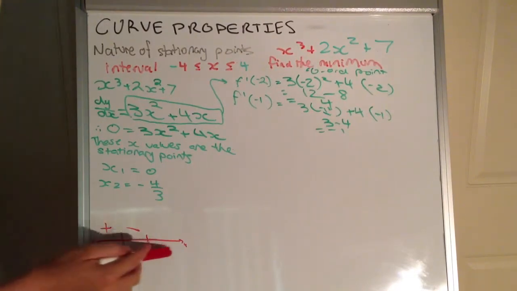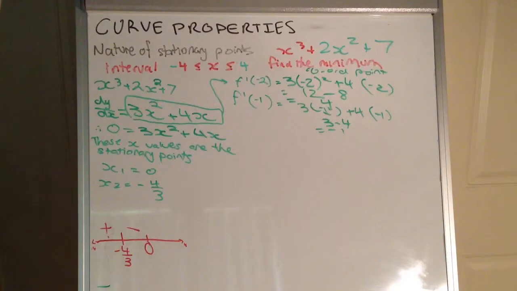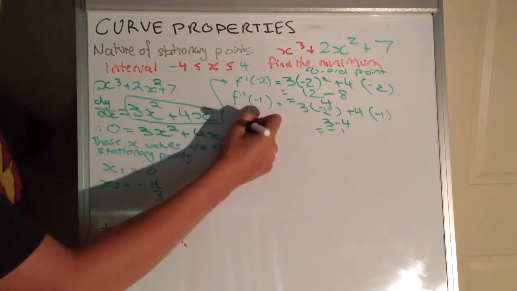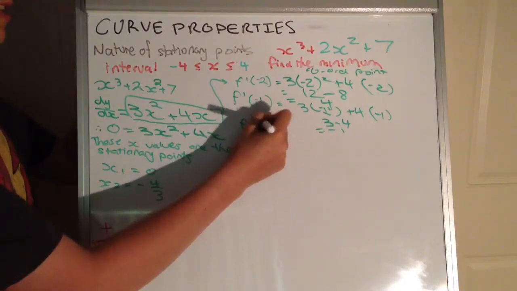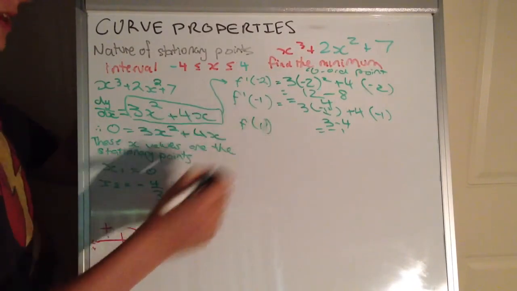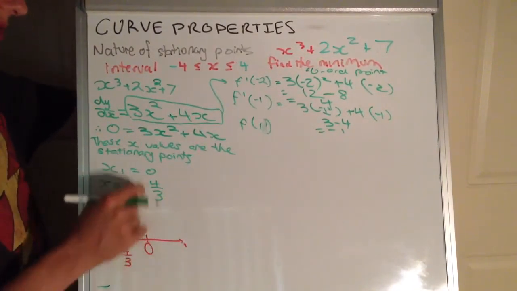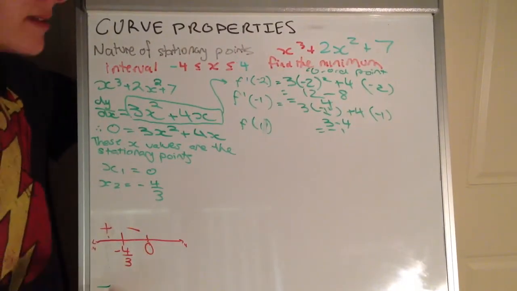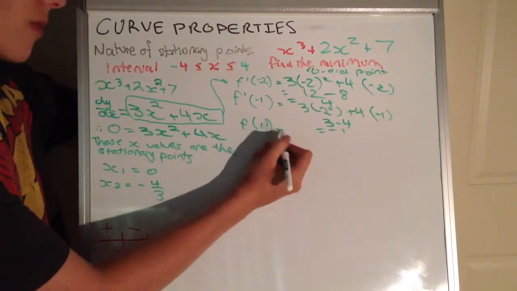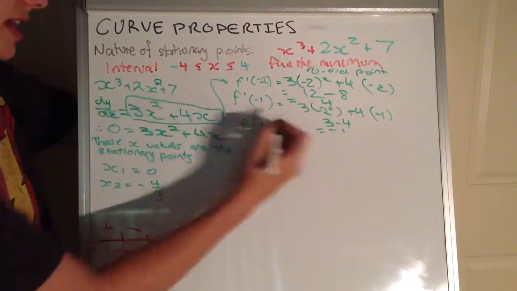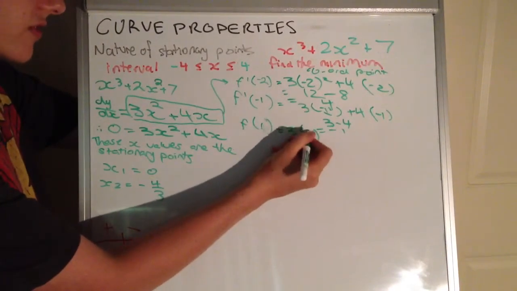And lastly, we want to find out what happens to the slope when x is greater than 0. So we're going to make it 1, because at 0 the derivative is obviously going to be 0. So the f prime of 1 equals, and again we simply substitute that into the derivative formula.